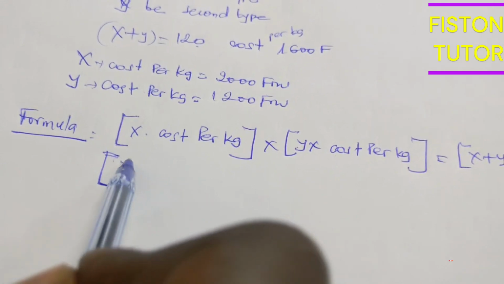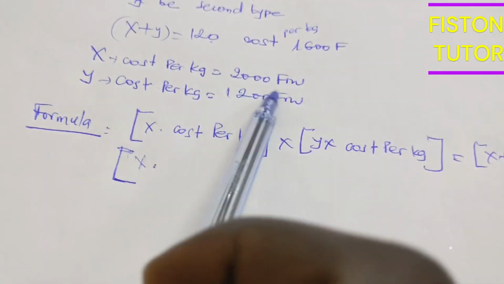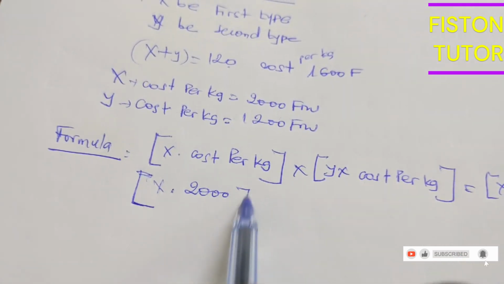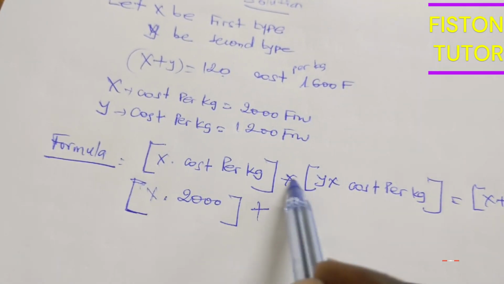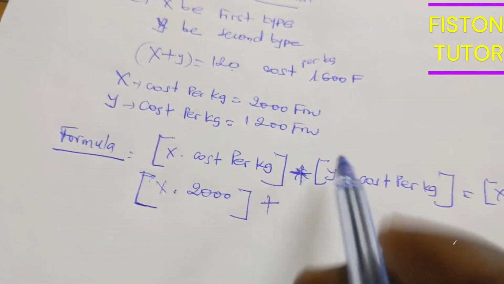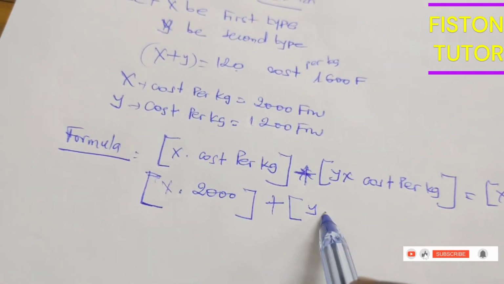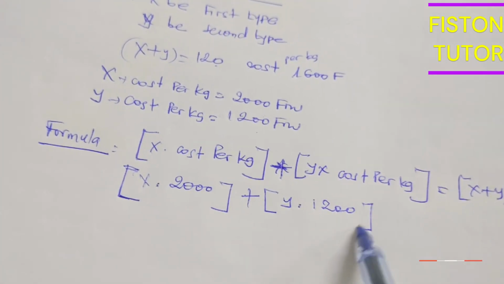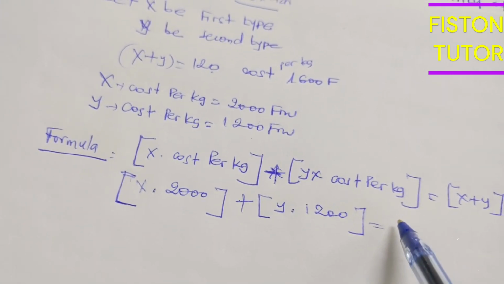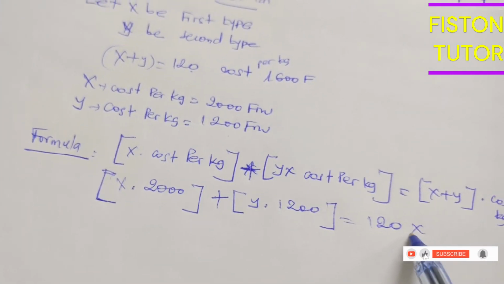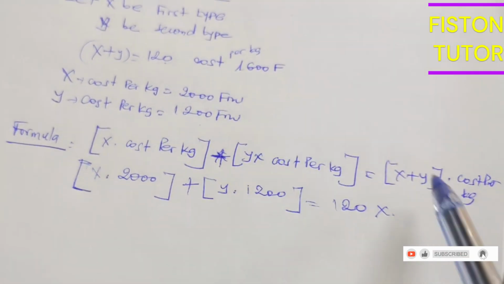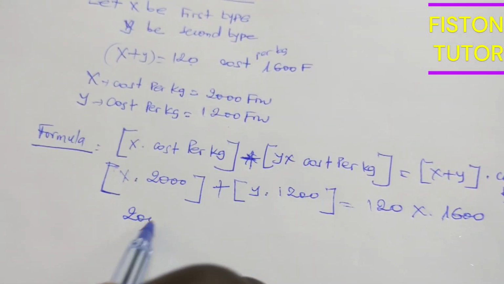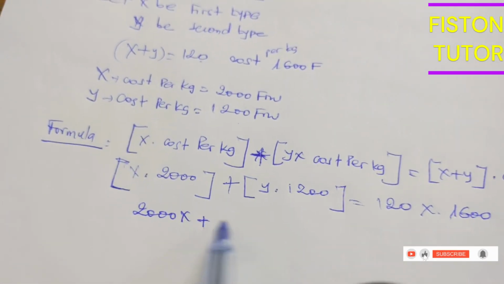Now here we have x times its cost, which is 2,000, plus y times its cost, which is 1,200, which is equal to the mixture 120 times its cost, and its cost is equal to 1,600.